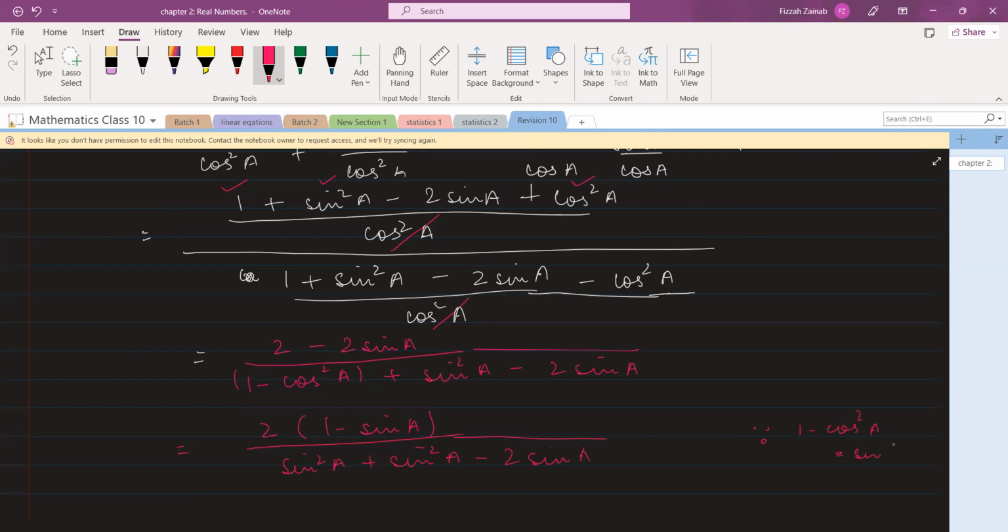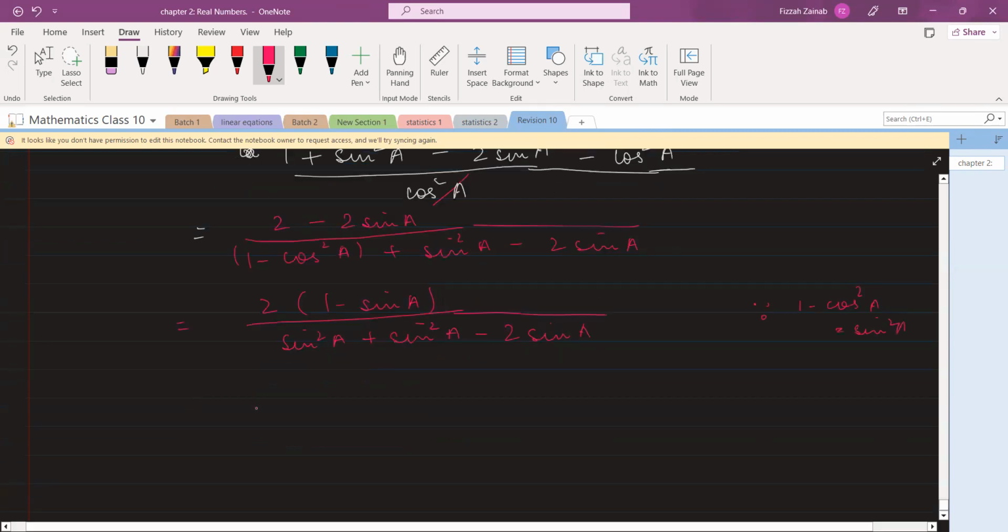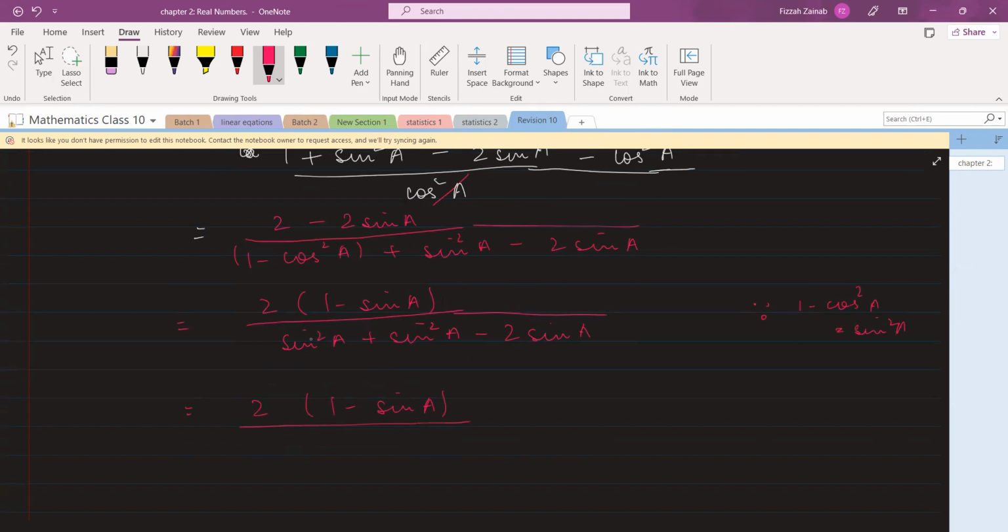Yeah, ma'am. Sure. So this is 2 into 1 minus sine A divided by, so this is now 2 sine square A, right? And minus 2 sine A.